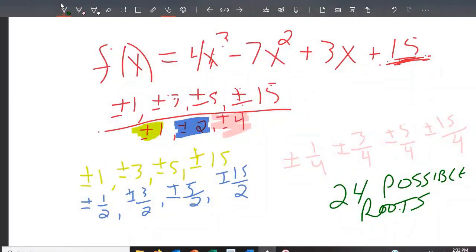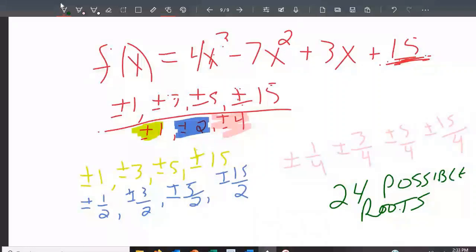And this is where it gets very tedious. You would have to take each one separately. You don't know which one's going to work. You have to do them separately until you find a 0. Now, I would not have one this extreme on the quiz, but I do want to show you how you can go about this.